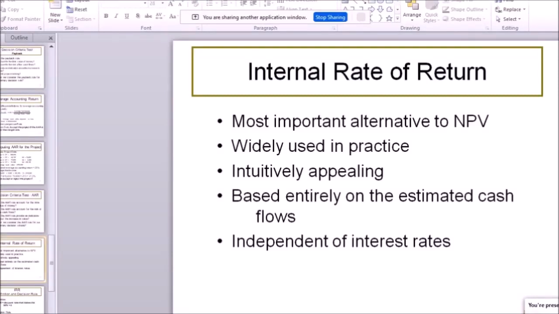Internal rate of return. As I mentioned, NPV was the most important one for this whole chapter. The internal rate of return, or IRR, is the second most common criterion for investing.